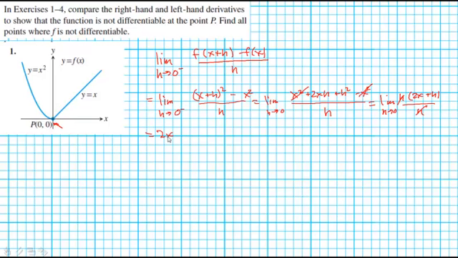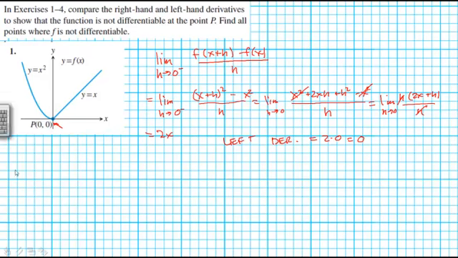So if that's the case, as we're approaching this point, the derivative, the slope at p coming from the left, is going to be 2 times x, and x is 0, so the left hand derivative is equal to 2 times 0, or 0.